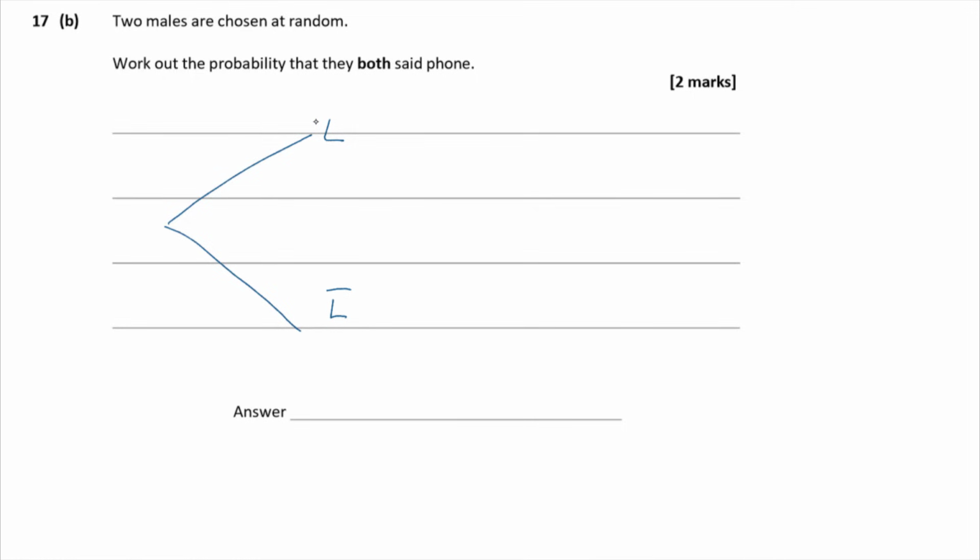We've got 2 out of 11 who chose laptop, and 9 out of 11 who didn't. But then on the second selection, remember that you've already picked one of the guys to ask. So if you pick again, you're going to have different probability outcomes depending on what happened first time round.